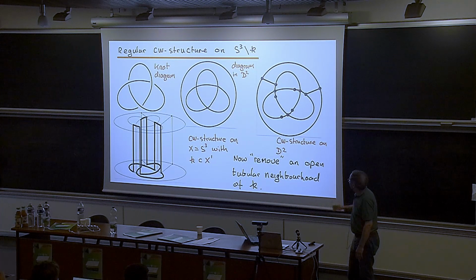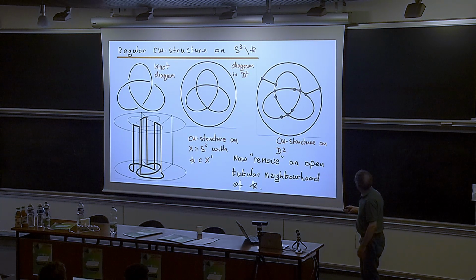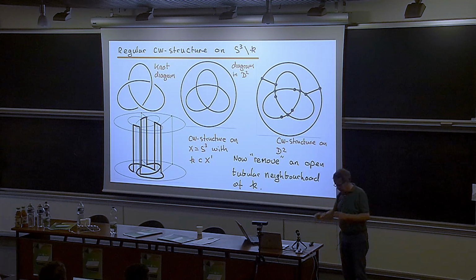Just before the talk, I felt it's maybe worth saying a little bit, because to actually implement this, in quotes, remove an open tubular neighborhood, takes a fair amount of work. So let me say a little bit about the algorithm for removing a neighborhood.